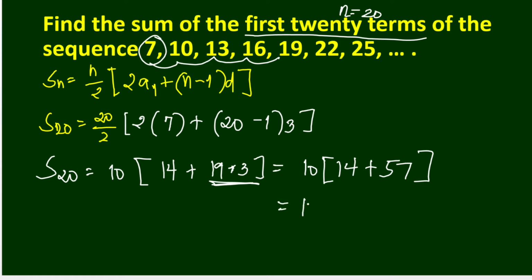Let us simplify: 10 times 14 plus 57, we have 71. So 10 times 71 is 710. So 710 is our answer in the first problem. The sum of the first 20 terms of the sequence 7, 10, 13 and so on is 710.